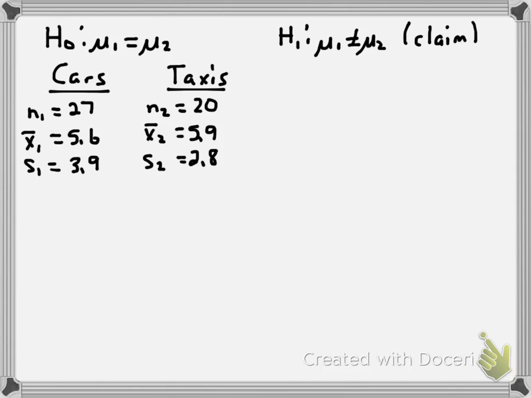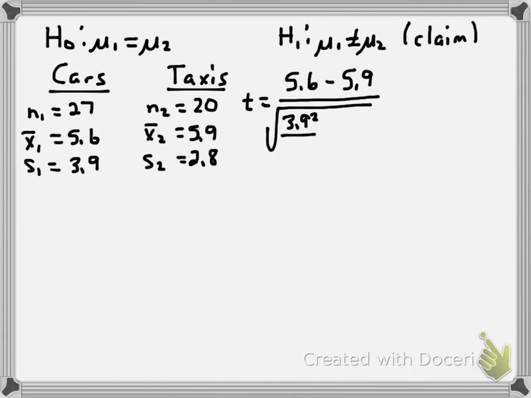And now we can find the test statistic. So t is equal to the first sample mean, which is 5.6, minus the other sample mean, which is 5.9, over the square root of the first standard deviation, 3.9, squared, over the first sample size of 27, plus the second standard deviation, 2.8, squared, over the second sample size, which is 20.